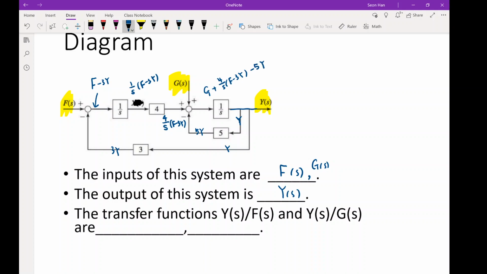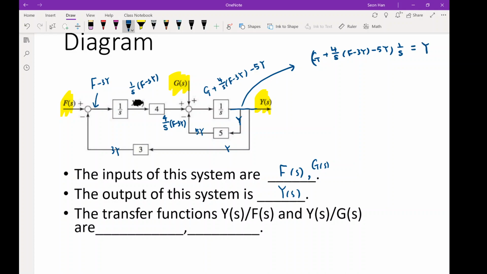Now continue. This is worth writing outside: G plus 4 divided by s, F minus 3Y. Multiply by the last block, 1 over s, and that's Y.